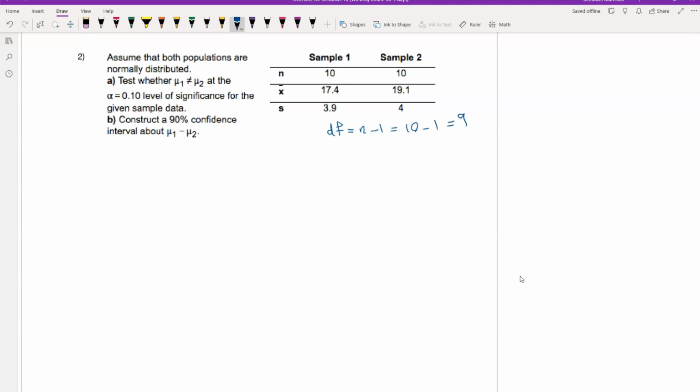So this one, the alternative is given, mu1 is not equal to mu2, and alpha is given as 0.10. We should test.